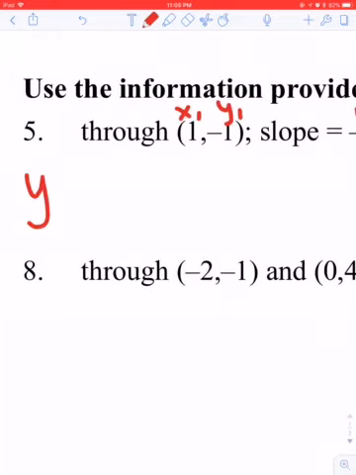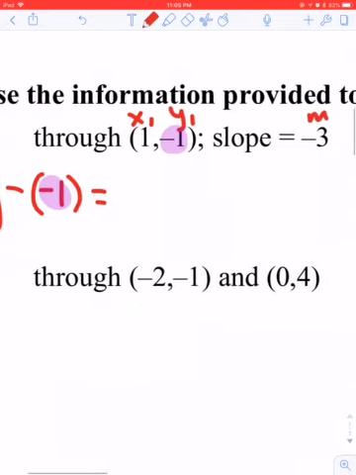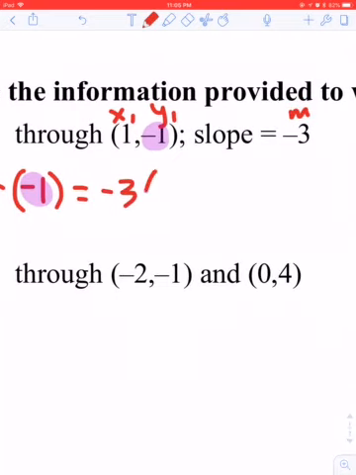So you start off with the y. We don't do anything to the y. It says y minus y1. So I put the minus first, and then I put the y1, including that negative sign. Times m, which is -3, and then x minus x1, which is 1.